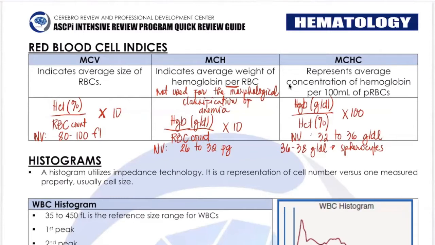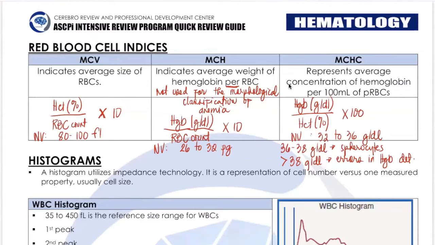These are our spherocytes. Now, if the mean cell hemoglobin concentration is already greater than 38 grams per DL, we have to check now for possible errors in hemoglobin determination. Kasi yan lang naman usually yung magiging reason in order for the MCHC to go beyond 38 grams per DL.